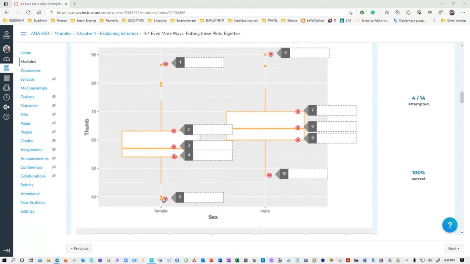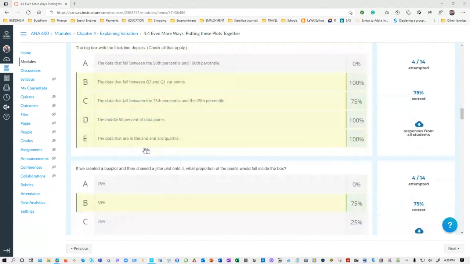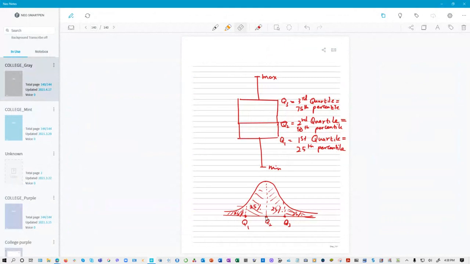Down to the minimum is the first quartile. The data in the second and third quartiles are depicted by the box, the middle 50%. That means in this graph, if you talk about this box, it covers data that fall in this quartile as well as this quartile.